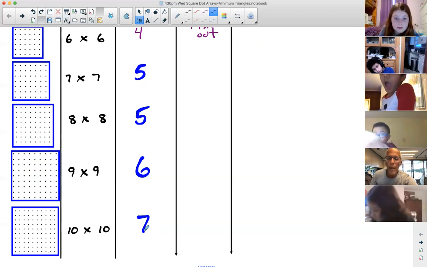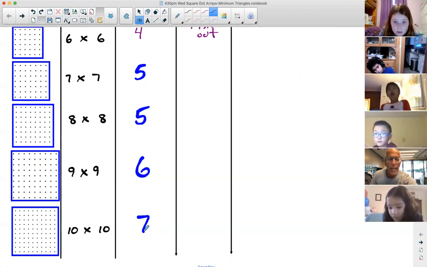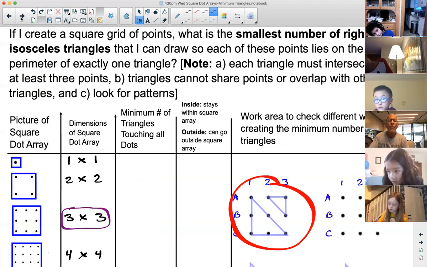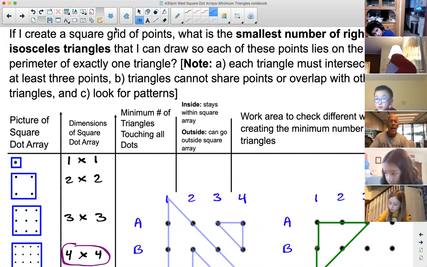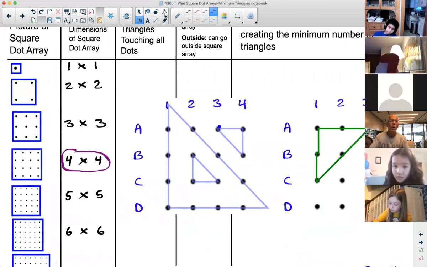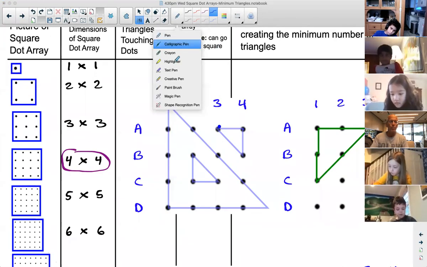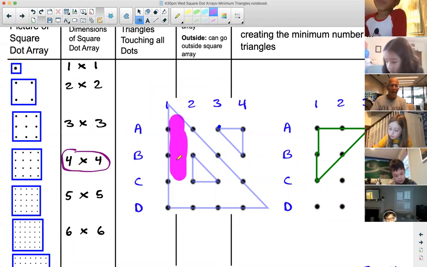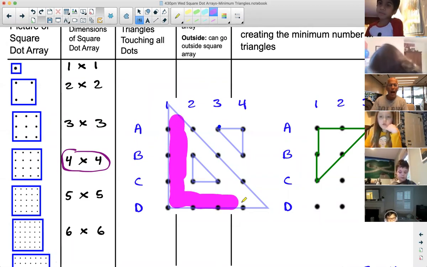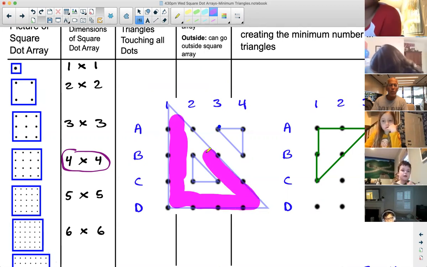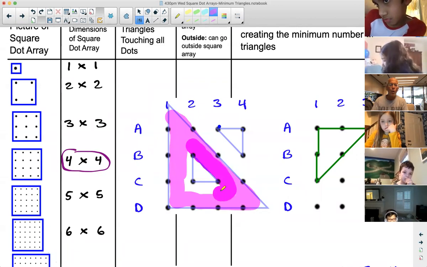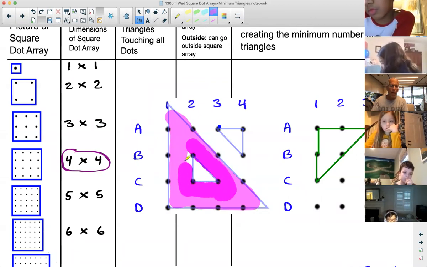Now, one of the things that I'm really excited about is exploring the area of the regions. And that's something that we may do next week. And I want to show you what it's going to look like. We're actually going to find the area, not of the triangles, but of the borders of the triangles.